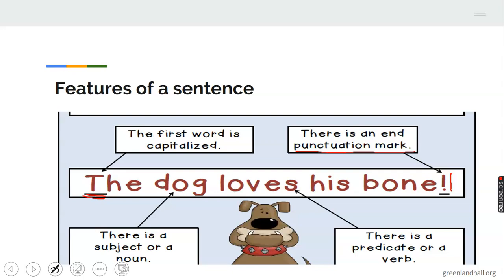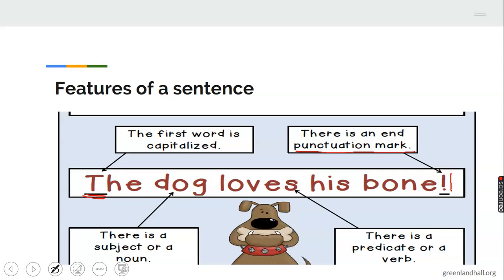So in this sentence we have an exclamation mark, and at other times we have a full stop, telling us that it's a kind of sentence, maybe a statement. Now we have, the dog loves his bone. That's the feature of a sentence. It must start with a capital letter and must have an ending punctuation mark.